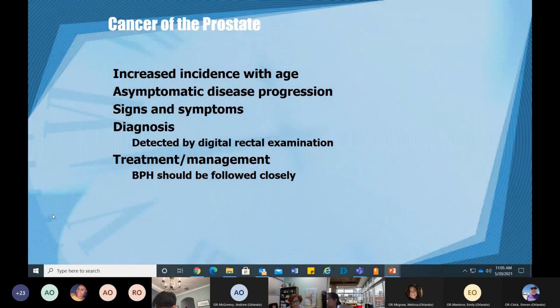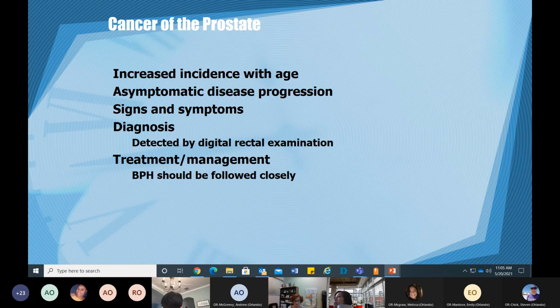For men, cancer of the prostate increases as well with age, right? The prostate-specific antigen, you may have studied this, the PSA, it really grows as the patients advance in age.